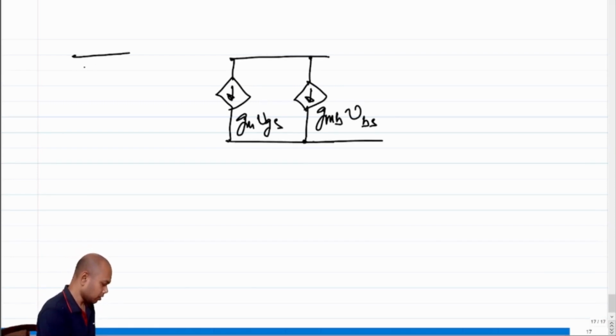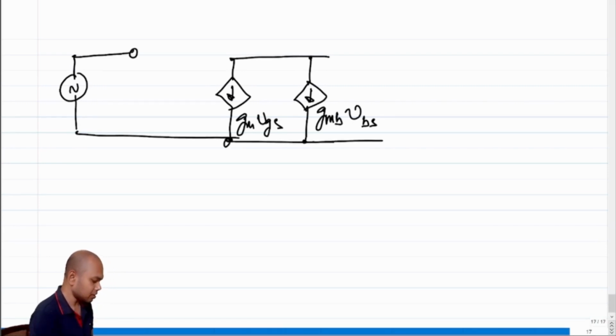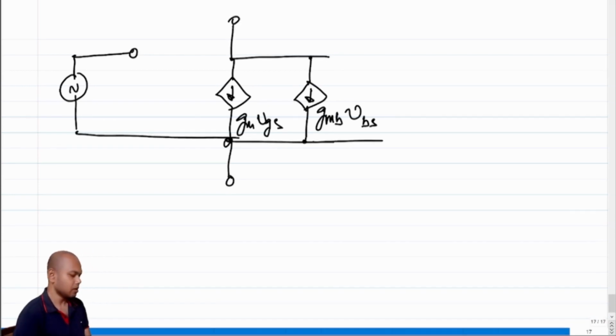So our transistor model remains whatever it was, but on top of that we have an additional current source. But note that if the source is always grounded, or if the source doesn't move, then VBS is essentially zero.